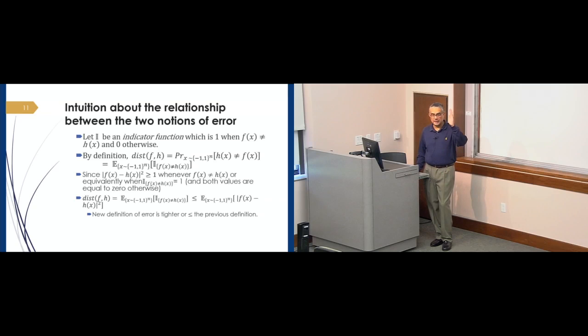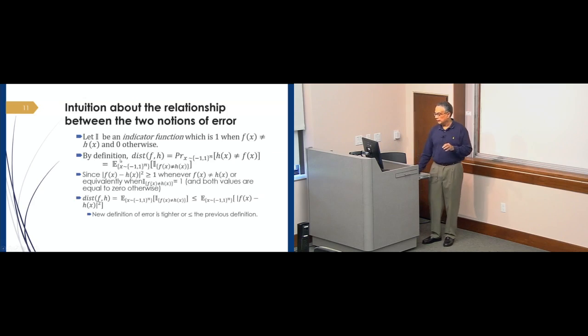It will raise its arm and say, I'm 1, they're not equal. So the distance d(f,h), we defined it to be the probability of h(x) not equal to f(x), which, since it's a uniform distribution, if you average over all possible inputs, is just the expected value of the sum of the indicator variables. It's a very straightforward thing to conclude.